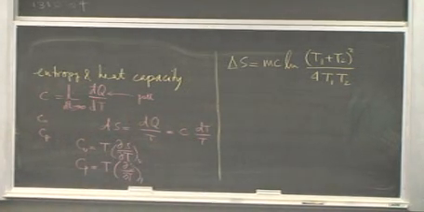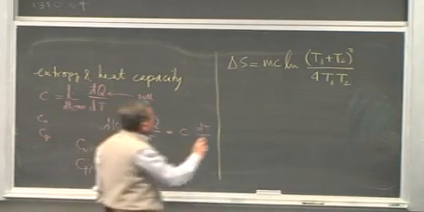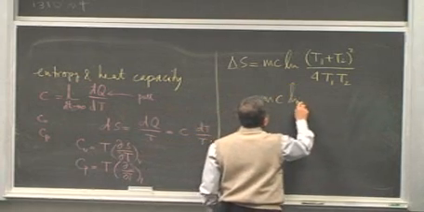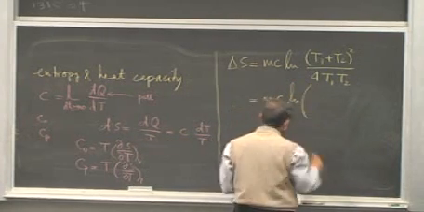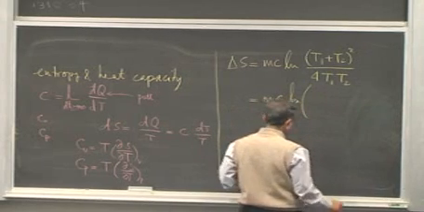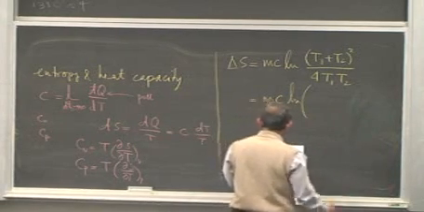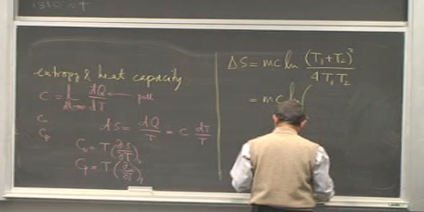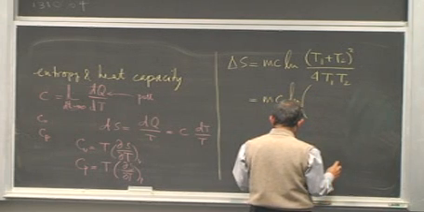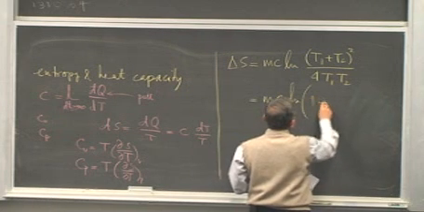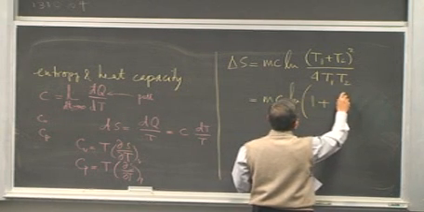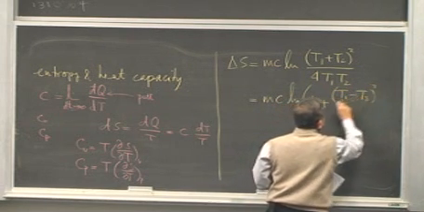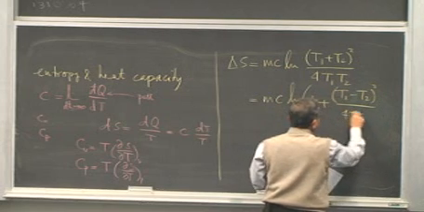And I can write this as mc times log of 1 plus (T1 minus T2) whole squared divided by 4 times T1 T2.